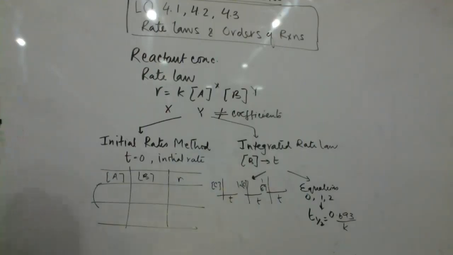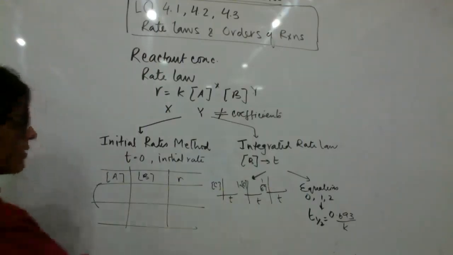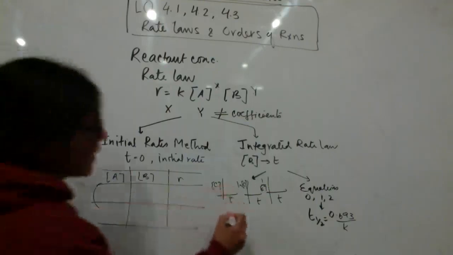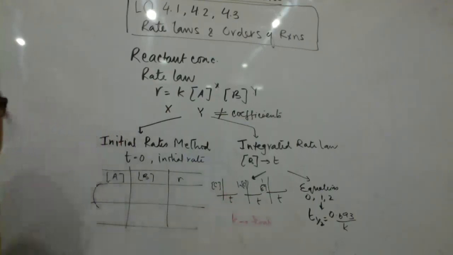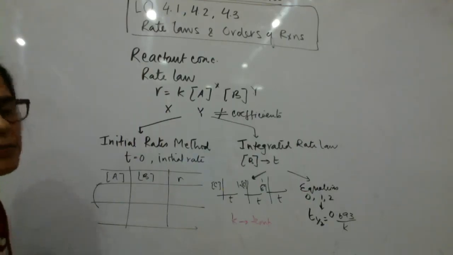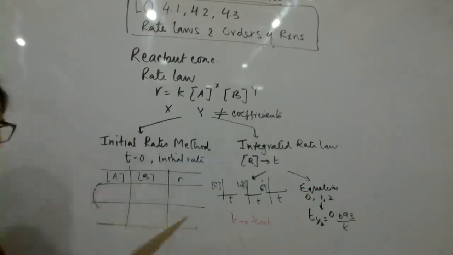And remember, the K only changes with temperature. If you keep the temperature the same, then K remains the same, even though you may change the concentration. So that was about order of reaction and then rate laws.